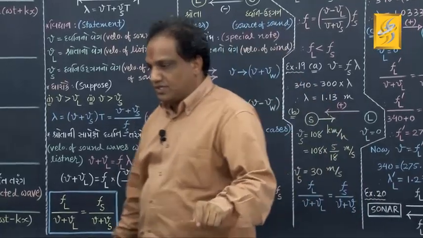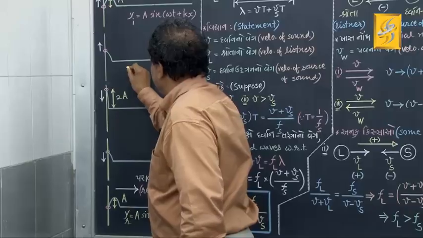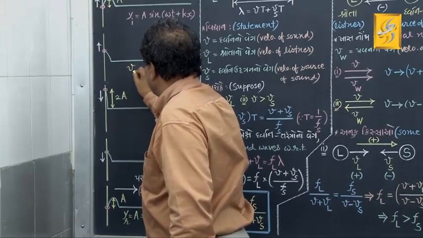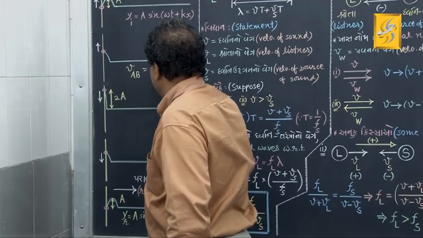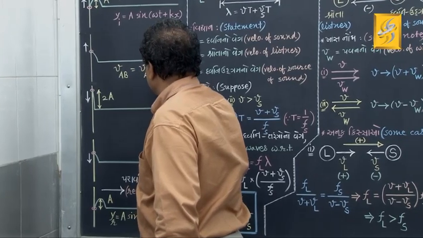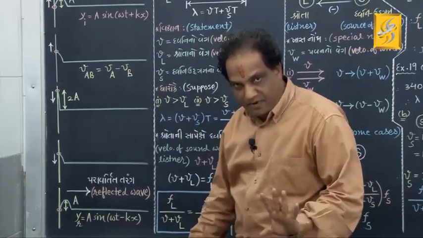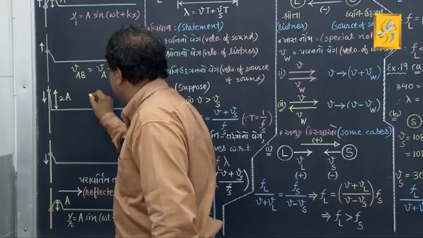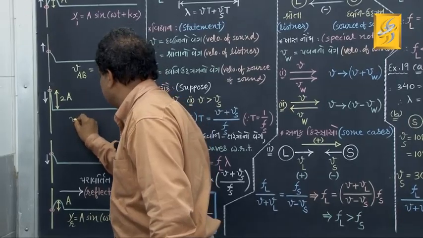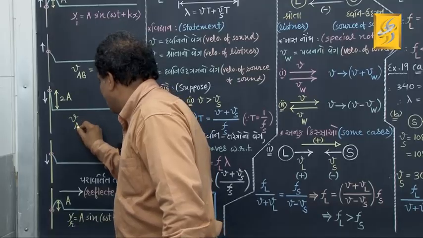Recall, in first semester you had studied that velocity of A with respect to B was VA minus VB. Remembered? Fine. Now we want here the velocity of sound waves with respect to the listener.